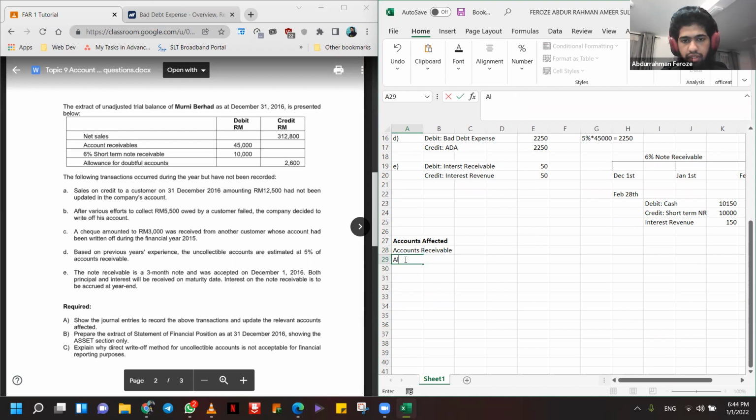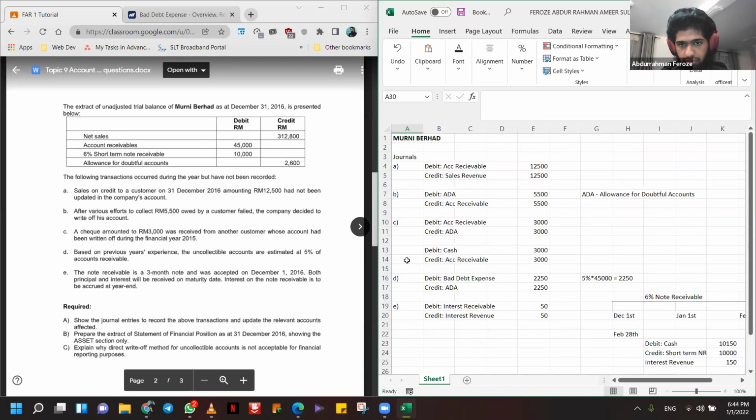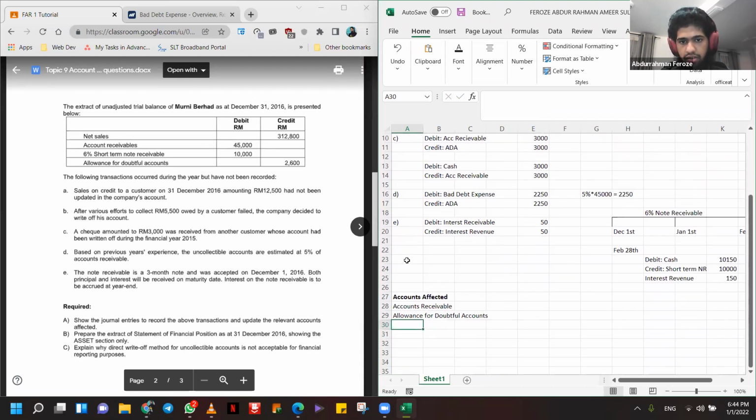We have allowance for doubtful accounts, right? We have sales revenue. We have bad debt expense, interest receivable, and interest revenue.